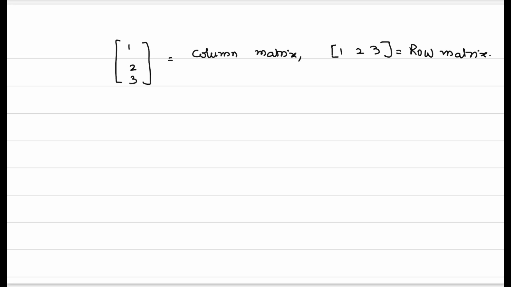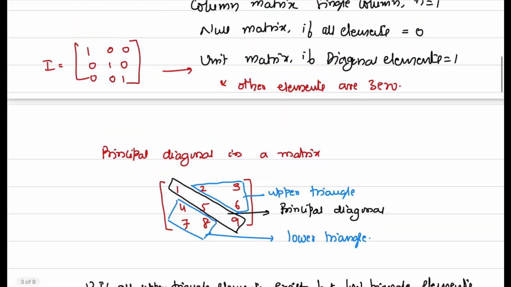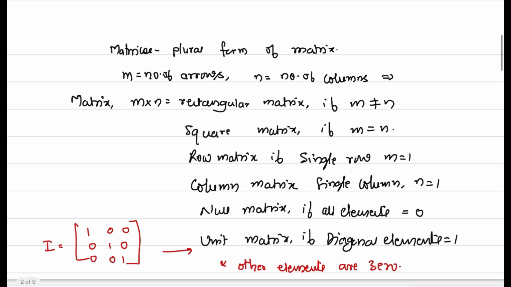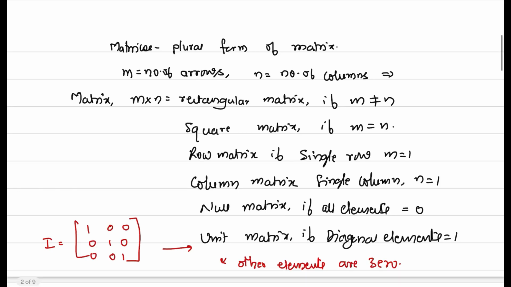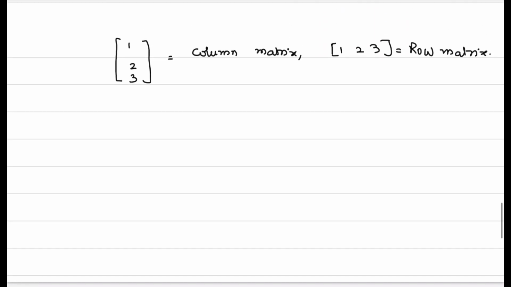Now, we have understood that there are various types of matrices. One is rectangular matrix, square matrix, we list it down. Please, we have to remember them.